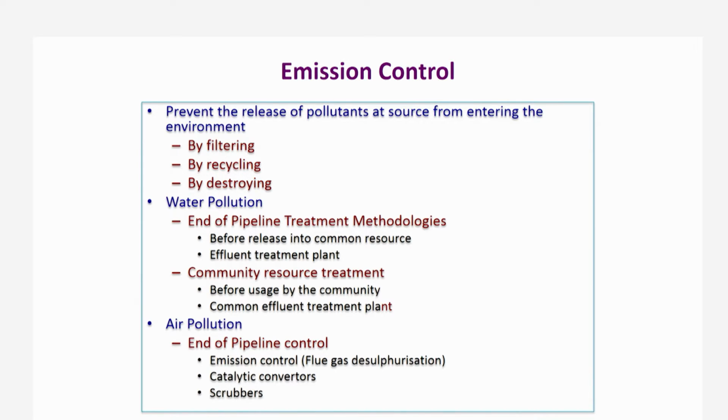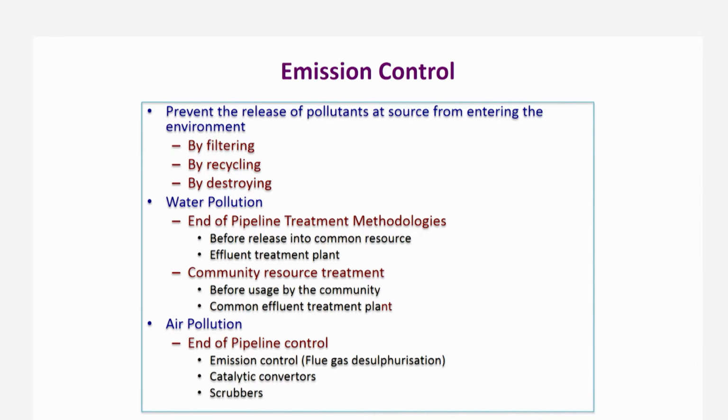This is sometimes implemented by the government, sometimes the corporations themselves have adopted it as a methodology to both save resources as well as to help in the efforts towards making it a more sustainable environment. And so, all these are possibilities.